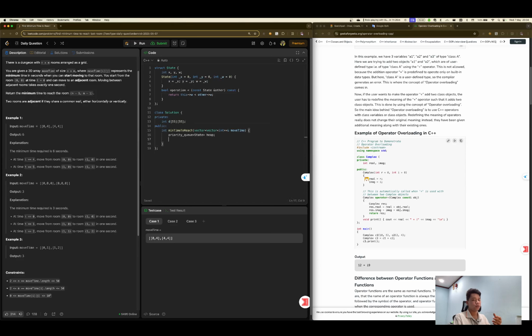Remember to use some extra space, just to guarantee that we will not encounter a runtime error, segmentation fault.